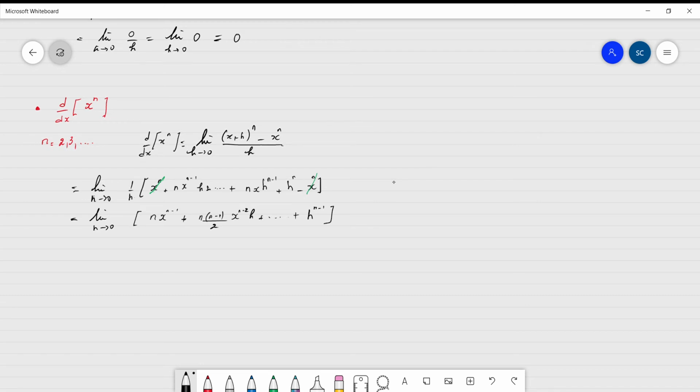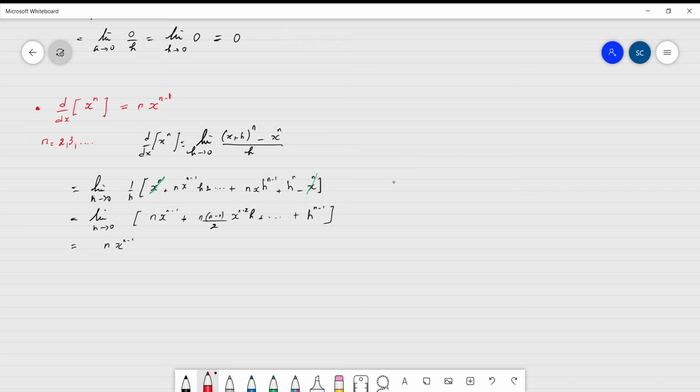Since n takes values 2 and up, all those terms approach 0. So the only term left is n x to the n minus 1. So finally, the answer for this derivative for n a positive integer is n x to the n minus 1. It's easy to memorize: we put the power on the front and decrease the power of x by 1 unit.